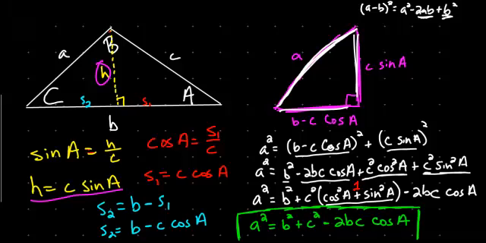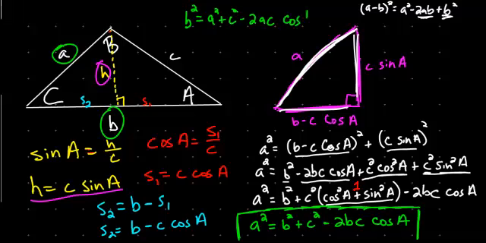I also want to note that I didn't really have to start with this side a over here. I could have just as easily started with this side b, and we would go through this whole process again, and you would get that b squared equals a squared plus c squared minus 2ac cosine of b.